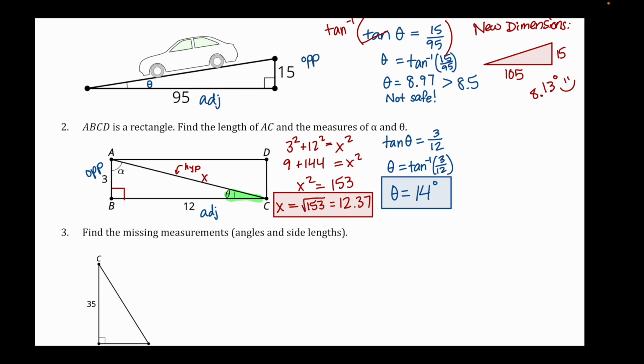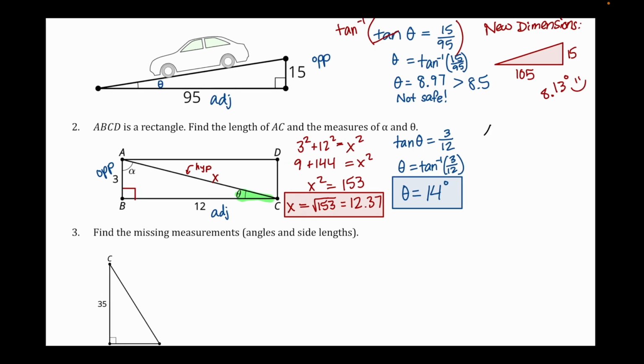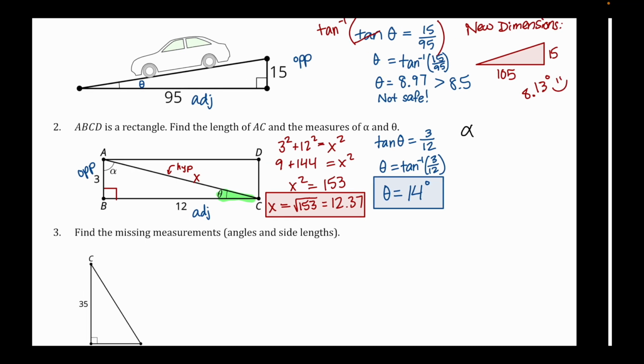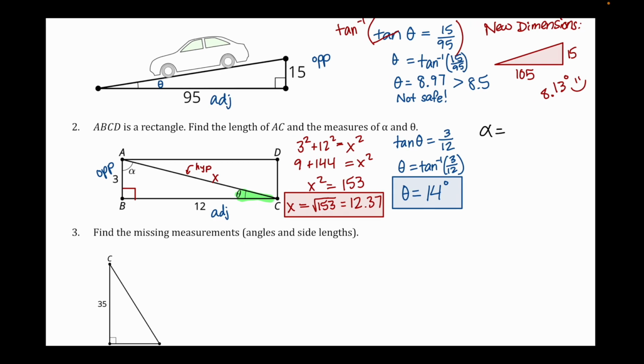And then the last piece, technically, I do not even need to use sine, cosine, or tangent, or their inverses, to find alpha. Because alpha here, I'm always bad at drawing it. Alpha is equal to 90 minus theta.